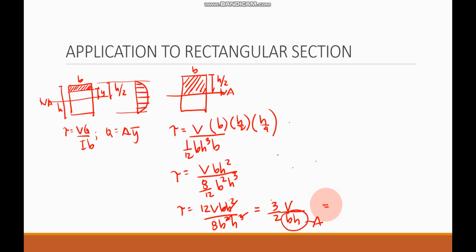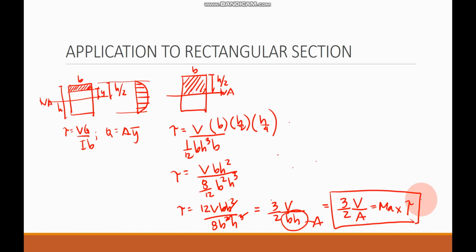So we have now the shearing stress is equal to 3 over 2 multiplied by the shear force divided by the area of the beam. So this is the maximum shearing stress that will occur in the rectangular section, in which it is equal to 3 over 2 multiplied by the shear force over the area.